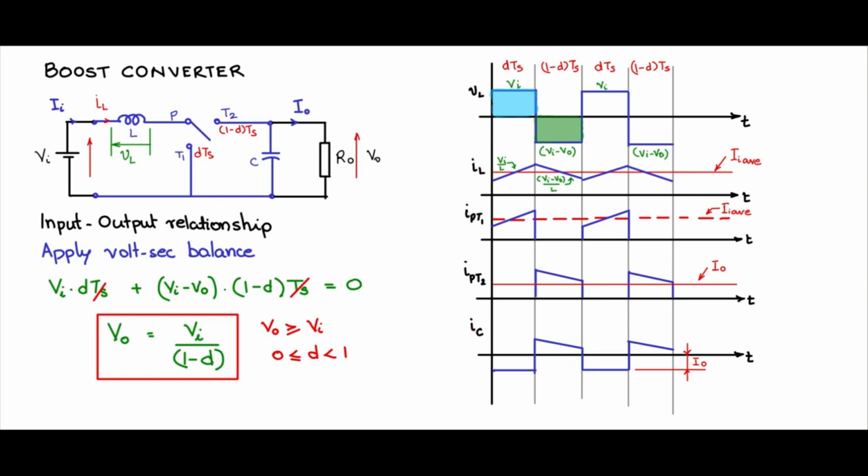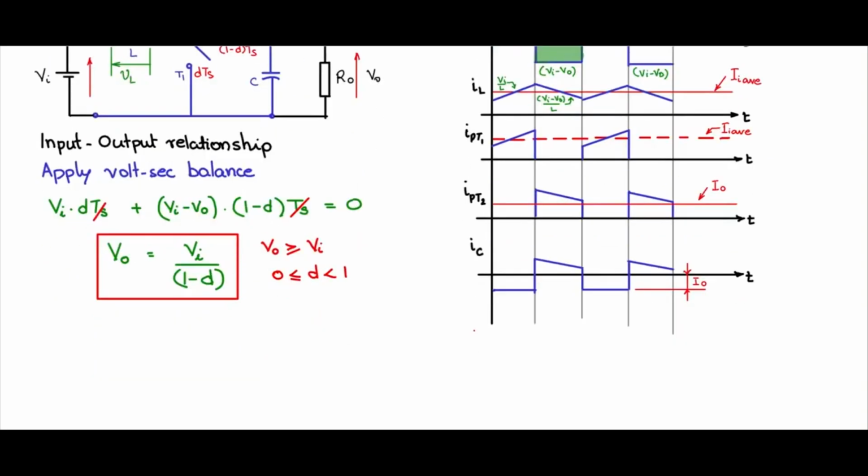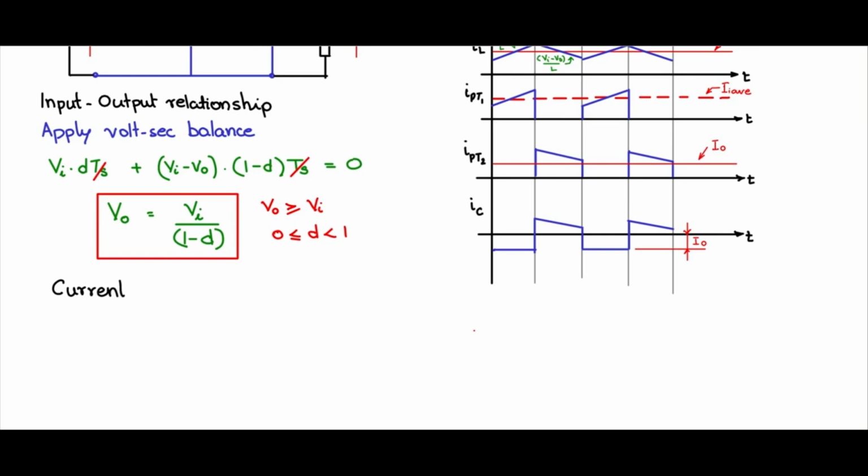Let us also obtain the current relationship. We could use the amp-second balance across the capacitance, or like we did last time, we could use the power balance. Pi is equal to P naught, and therefore Vi Ii is equal to V naught I naught.